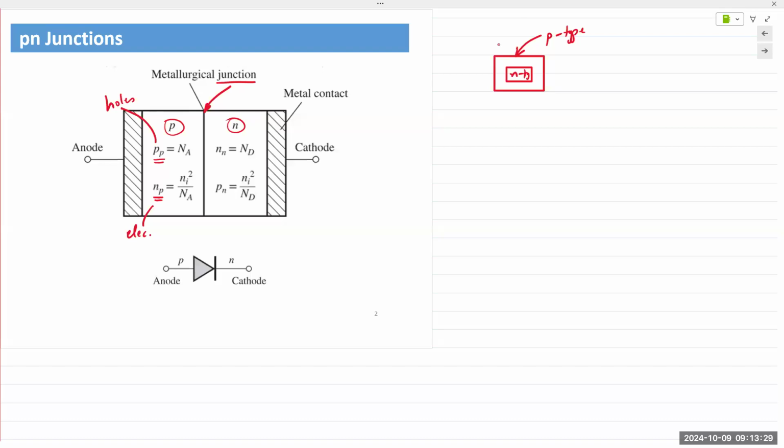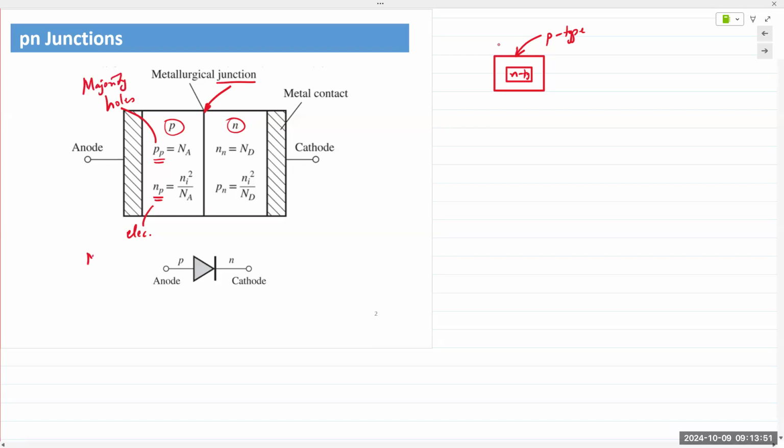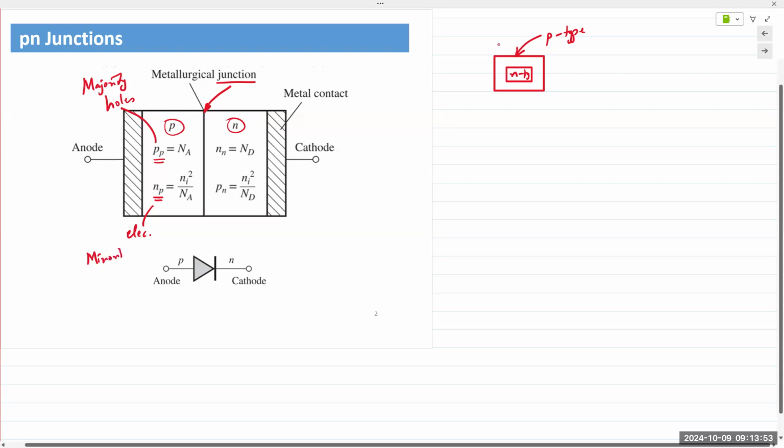And then we have a number of acceptor atoms that are implanted or diffused into the material to create an excess of holes. Since holes are the larger number, those are the majority carriers here, and electrons are the minority carriers.